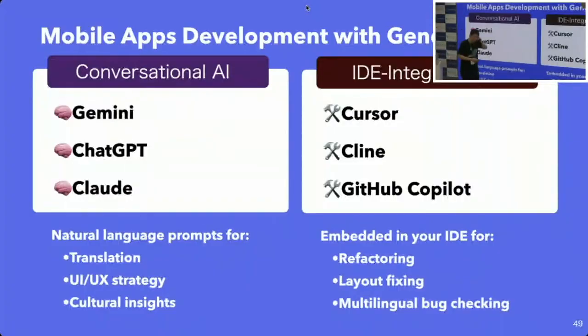And there are some extra tips. To use IDE integrated AI, there are some use cases like this. For example, refactoring, layout fixing, or multilingual bug checking. These are just examples. I'd like to add some demonstrations later, so just a moment.